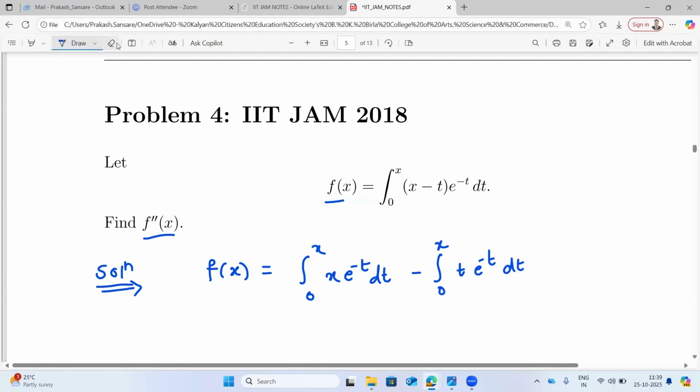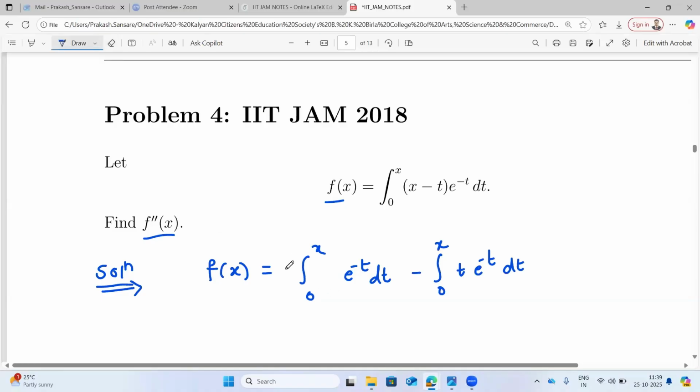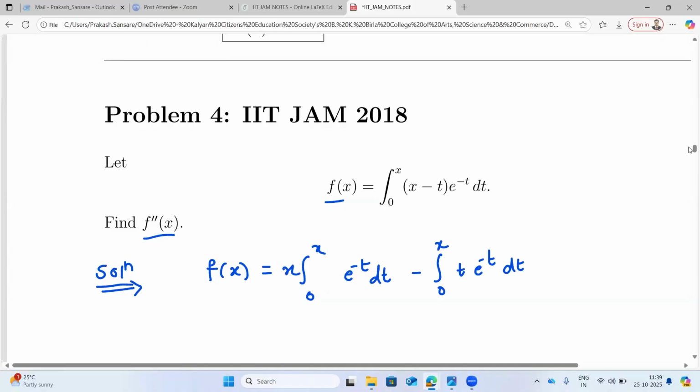And since I'm integrating with respect to t, this x I can take outside also. It is independent of this t.